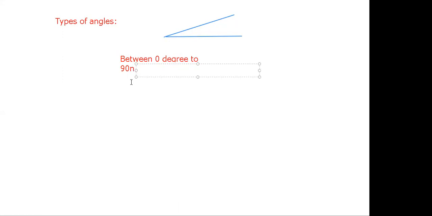This type of angle is one example. Try to remember the name of this type of angle.